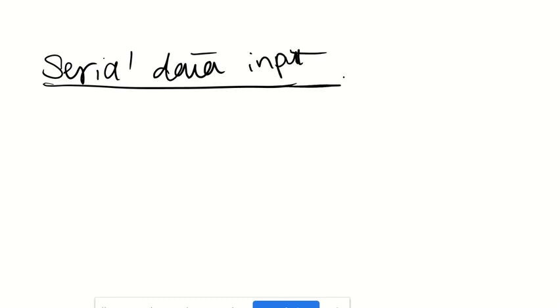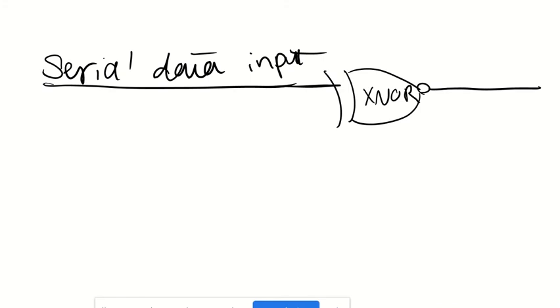It goes to an exclusive NOR gate, and then it will be multiplied by a carrier.